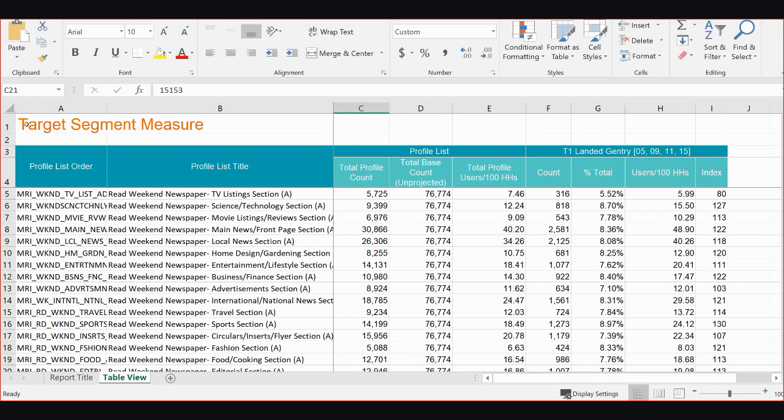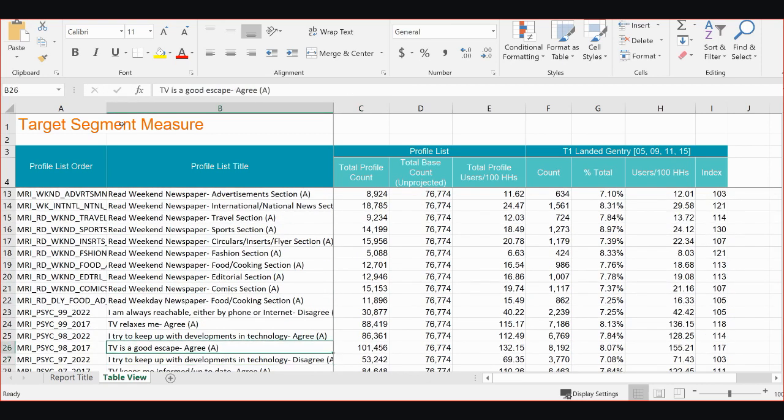So in this, we have our rows. The rows tell us what the different profiles are. For example, what are they reading in the newspaper? Are they reading the movie listings, the local news section, business and finance?